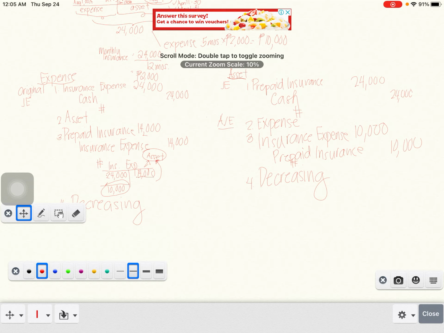So if the question is, in preparing the adjusting journal entry, what account will you use? Opposite. If you have used the expense method, when you make the adjusting journal entry, you'll use the asset. If you have used the asset method, in preparing the adjusting journal entry, you'll use the expense account. And both effects will have a decreased amount on the original journal entry. So that is for 7-5.